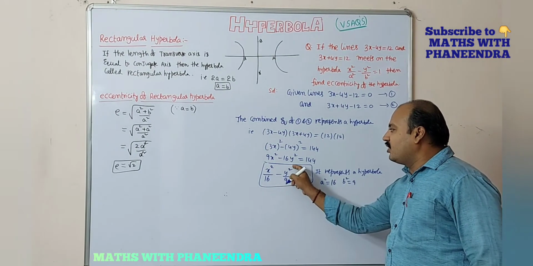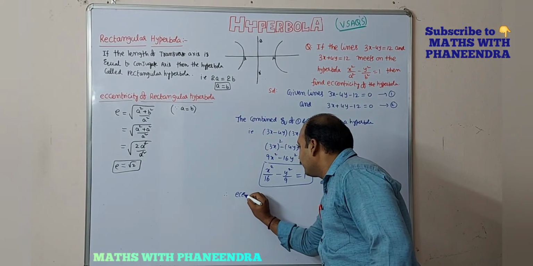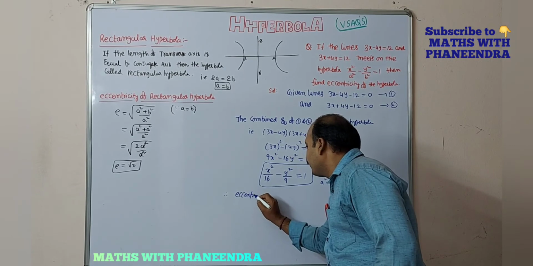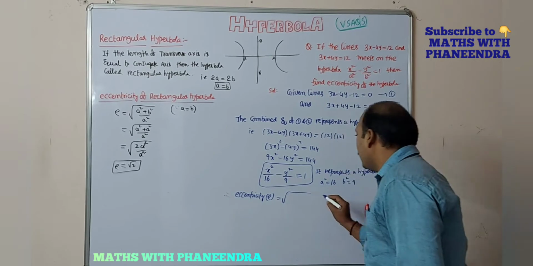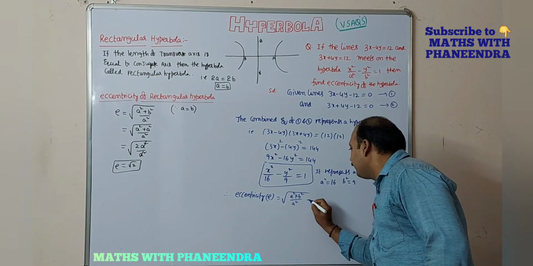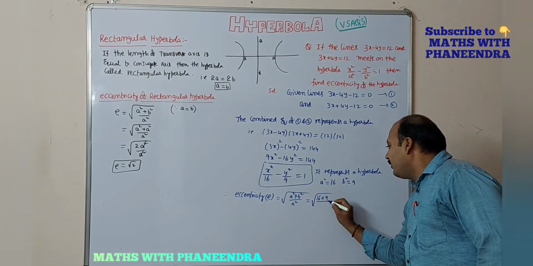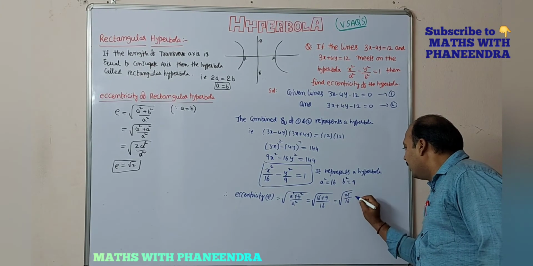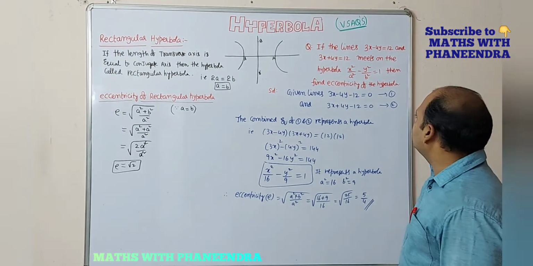Compare with x square by a square minus y square by b square equal to 1. Eccentricity e is equal to square root of (a square plus b square) by a square, which is equal to square root of (16 plus 9) divided by 16. Square root of 25 divided by 16. So 5 by 4.